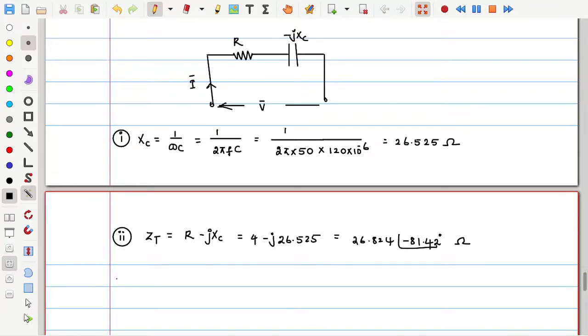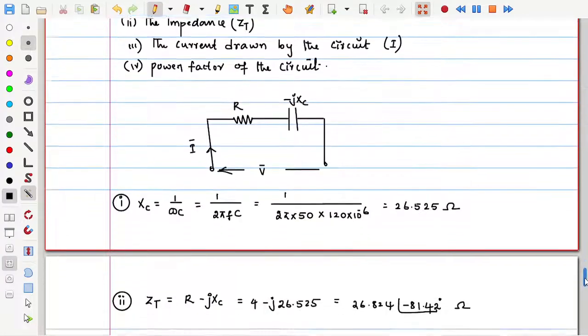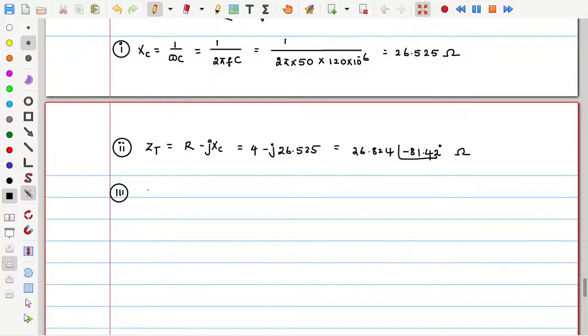Okay. Now what about the third point? The third point is the current drawn by the circuit. So let me write in phasor form initially. I is equal to V by ZT. How much is the V? As in the previous case, it is 230 at angle 0, directly divided by ZT, which is 26.824 at an angle of minus 81.42.